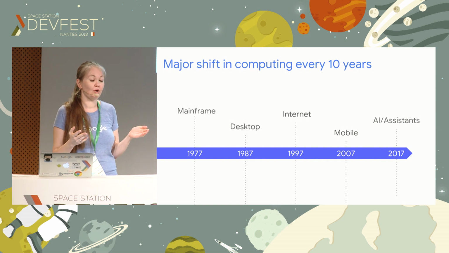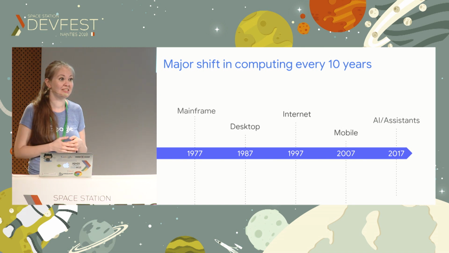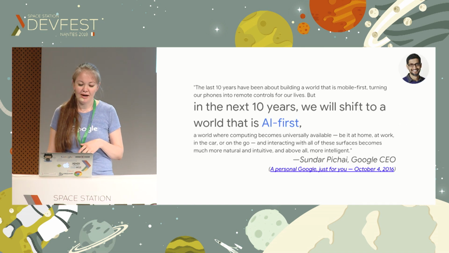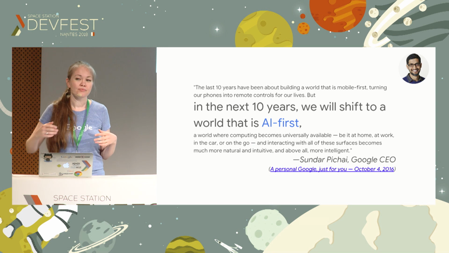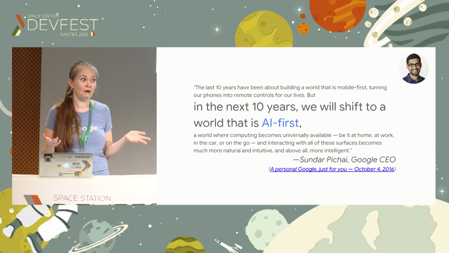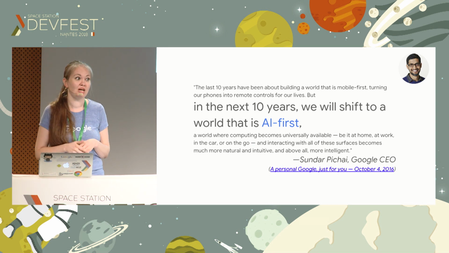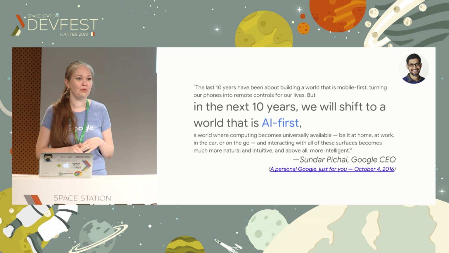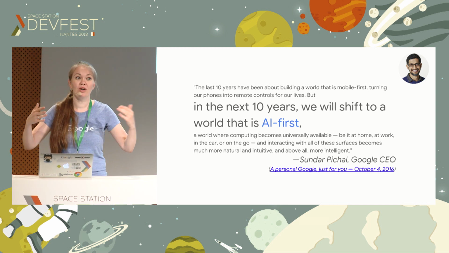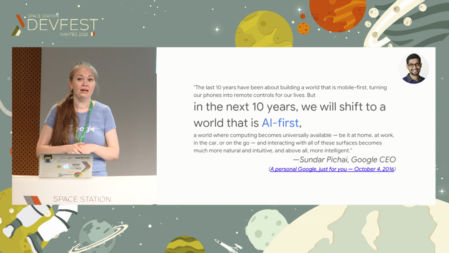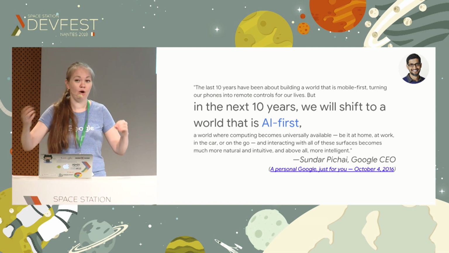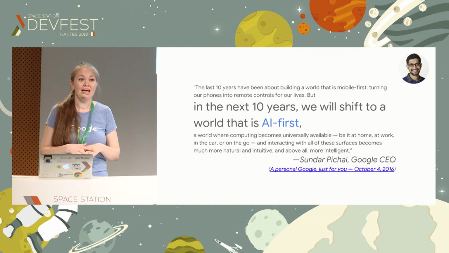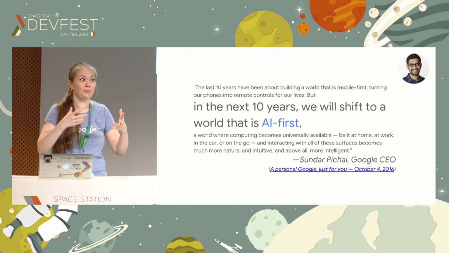They can just coexist and both be really exciting for us as developers. For me, the whole excitement about Google Assistant started when Sundar Pichai posted on his blog, 2 years ago now, that we are coming into an AI-first world, where technology is everywhere, at home, on the way, at work, and this is something we have to pay attention to.